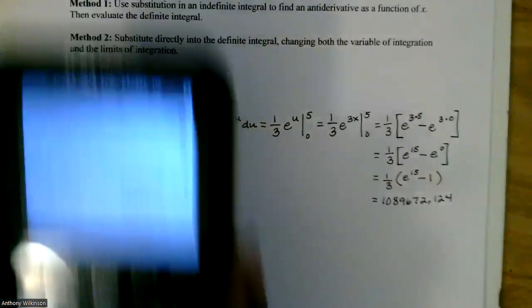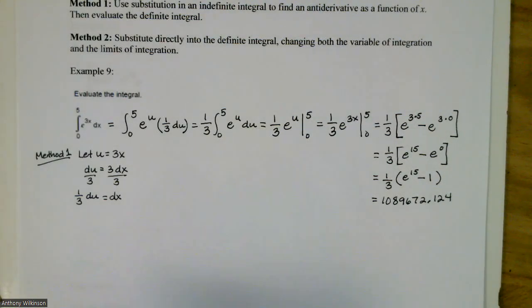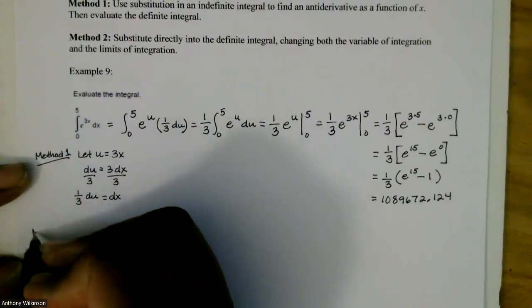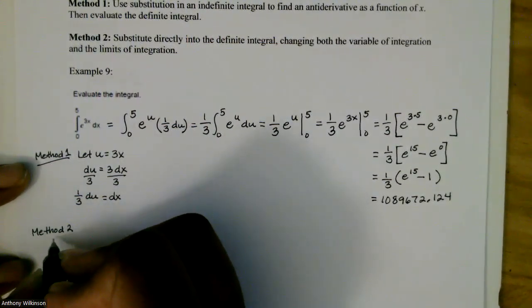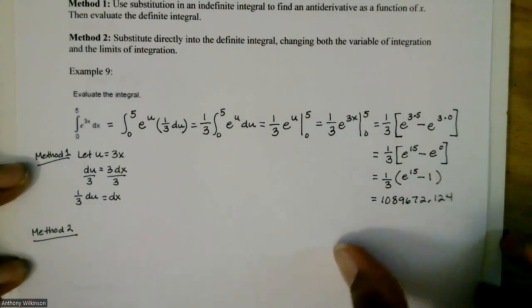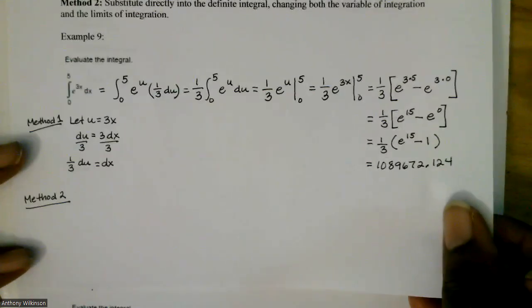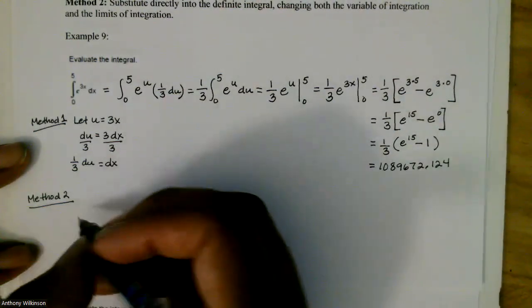So what I did was the first method: just go ahead and do the integration, back substitute, and then evaluate the definite integral. Here's method number 2.